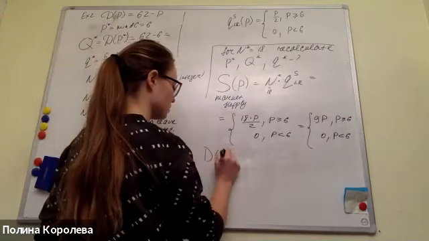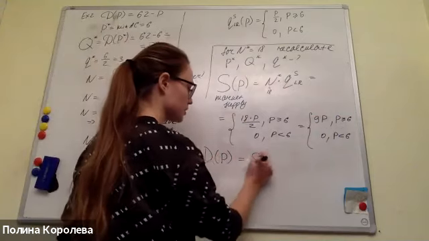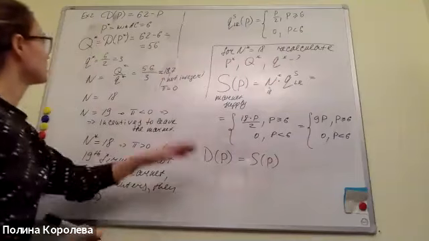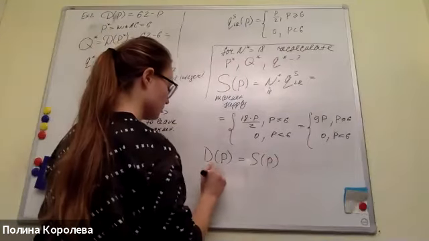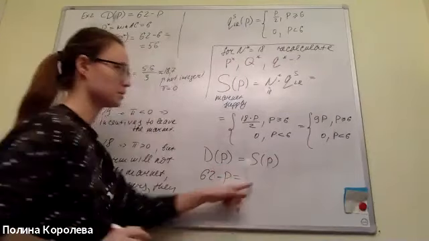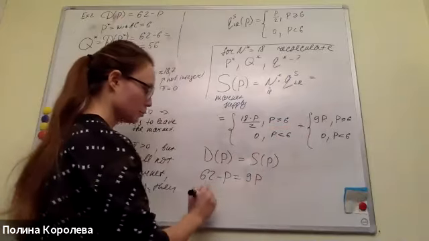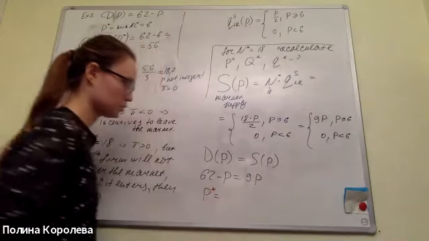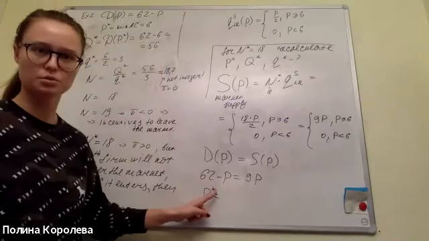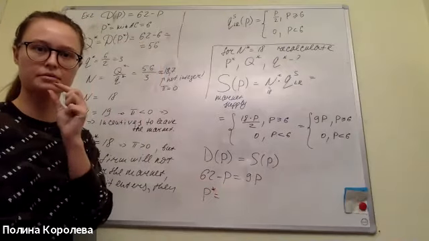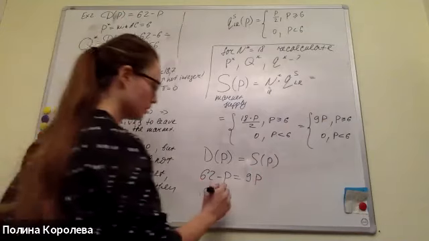Market demand equals market supply: 62 minus price equals 9 multiplied by price. So price will be equal to what? 6.2, a little bit higher than 6.